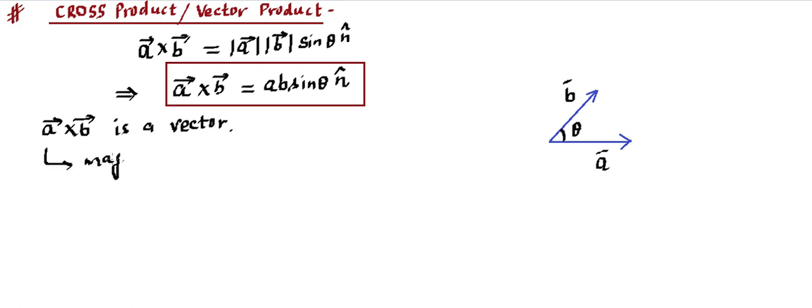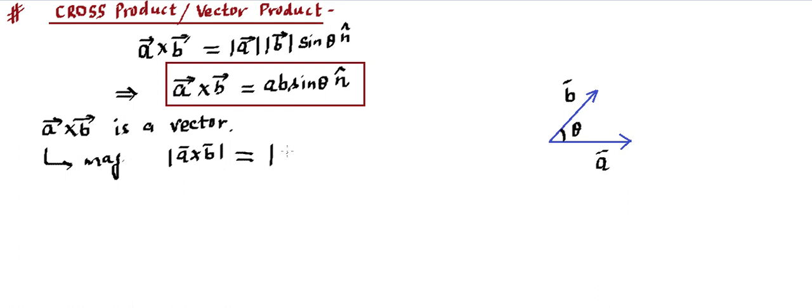The magnitude of A cross B will be written as mod of A vector cross B vector. When we place this mod, that indicates magnitude. Now we are trying to find the magnitude of the cross product, so we can place this mod symbol on the right hand side as well.